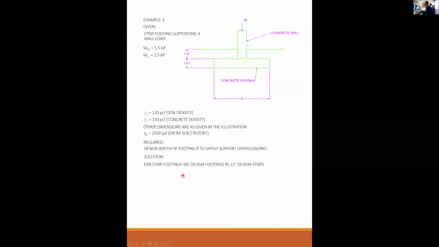Solution. Okay, so for strip footings or wall footings, we're going to do the same thing we did for one-way slabs. We're not going to look at an infinite long wall or footing situation. We're just going to design for one strip of the whole system that is a convenient 12 inches or 1 foot wide.